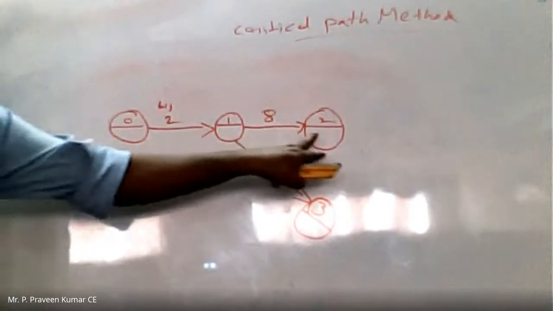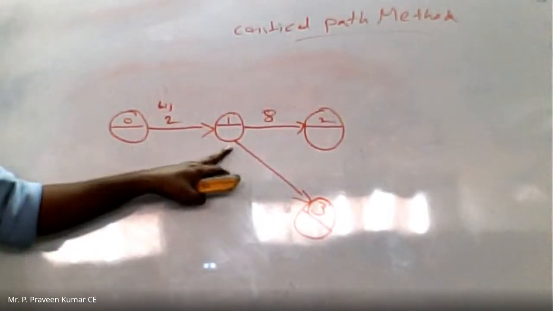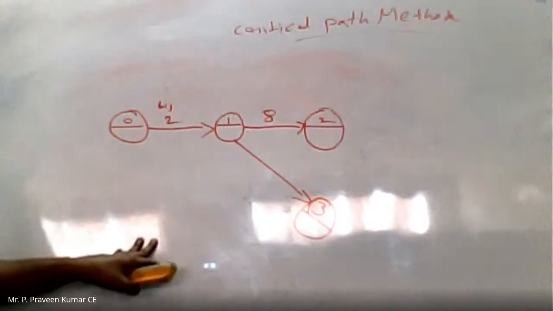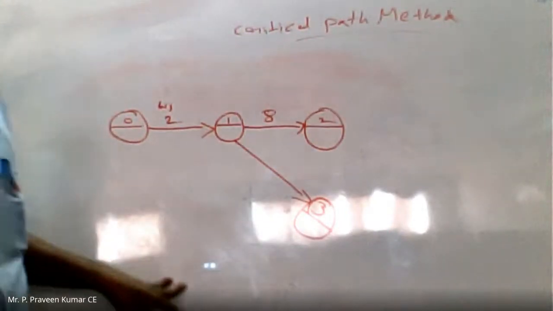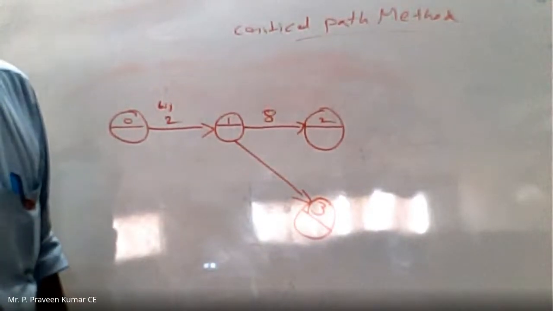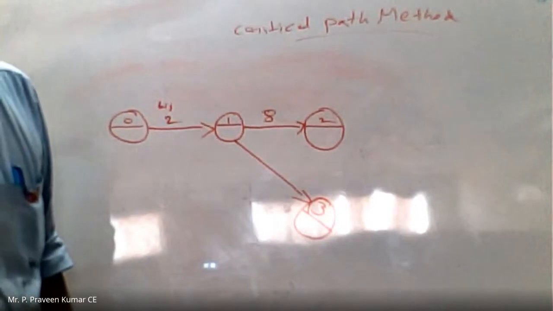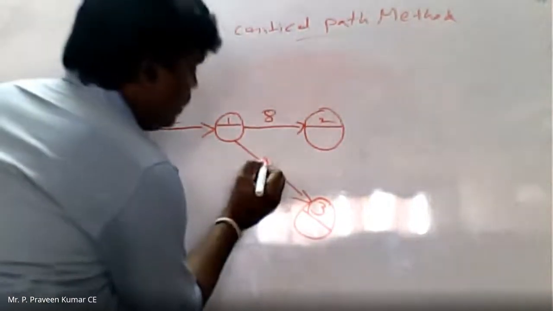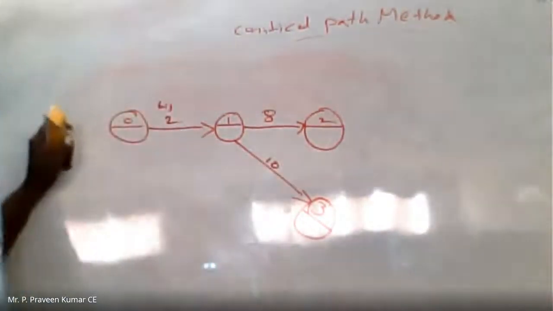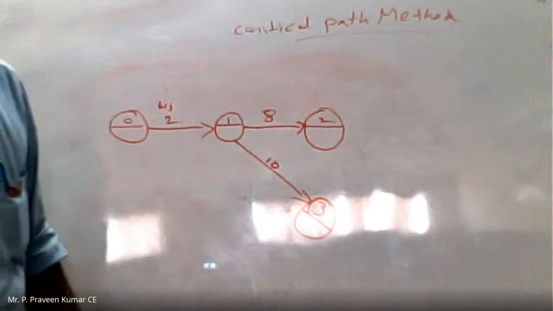In the third step, they have given the activity 1 to 3. Now three activities are over: 0 to 1, 1 to 2, 1 to 3. For this 1 to 3, what is the duration time? 10 is the duration time. You can observe on the board, right?